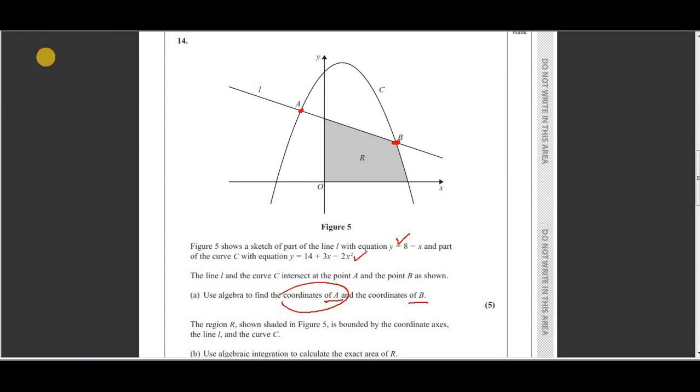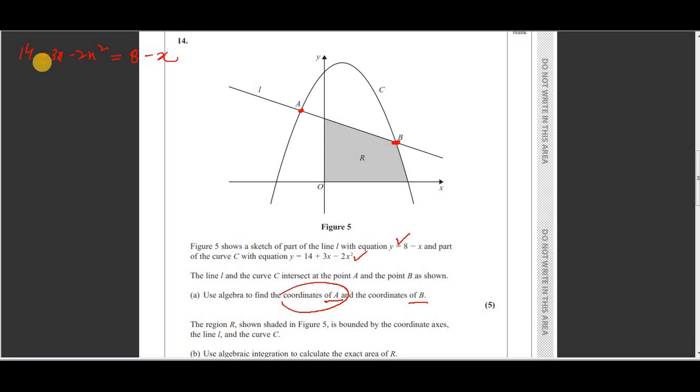So the equation of the parabola is 14 plus 3x minus 2x squared equals y, and y is 8 minus x, so 8 minus x, and you just simplify this equation.